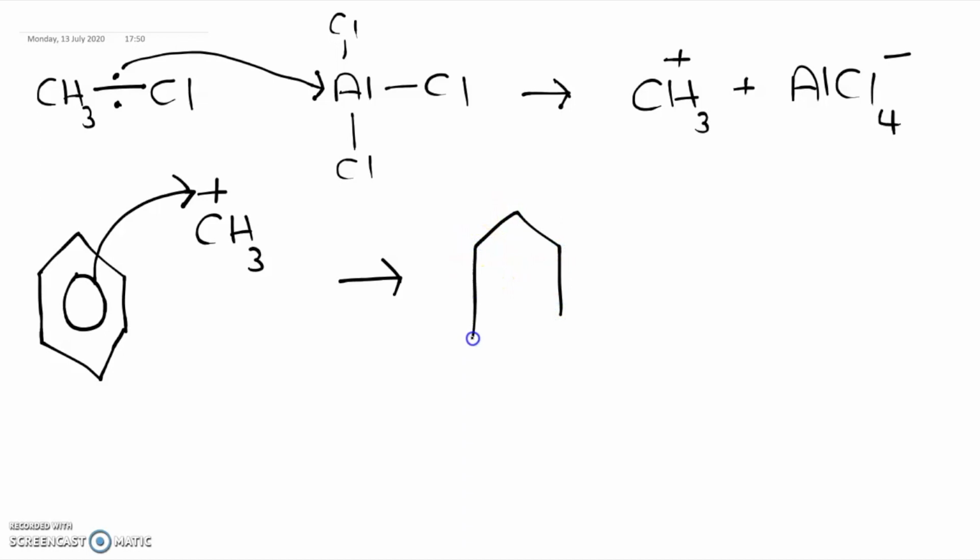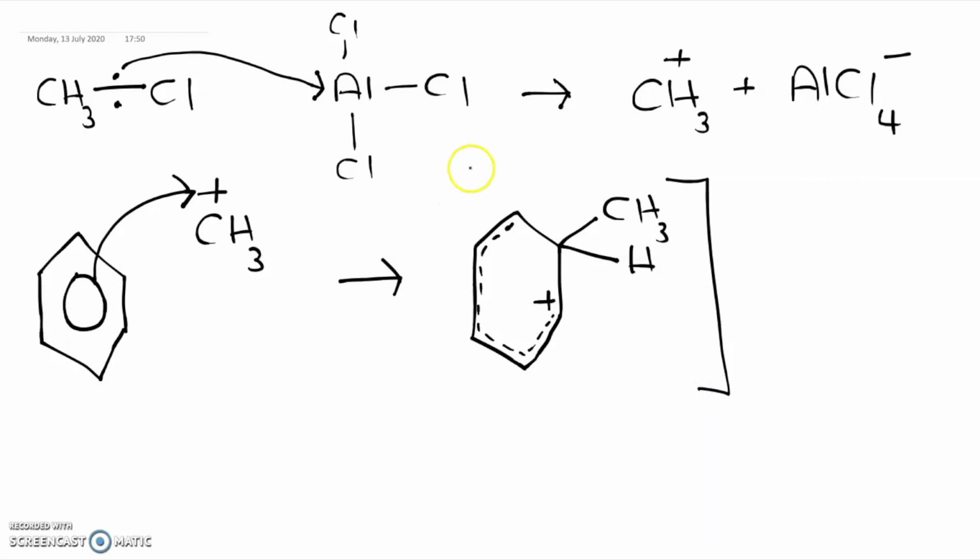And I then have an intermediate where the CH3 and the hydrogen are joined on together, because remember, the CH3 is ultimately going to replace the hydrogen, but in this intermediate the CH3 joins before the hydrogen leaves, and the ring of delocalized electrons is broken, and therefore I represent this by a dashed line which extends over 5 of the carbons. Now my intermediate has a positive charge because I've combined a benzene ring that had no charge with an electrophile which had a positive charge.